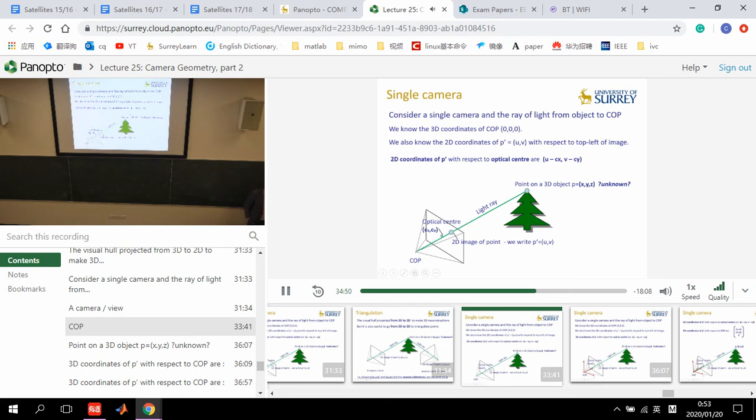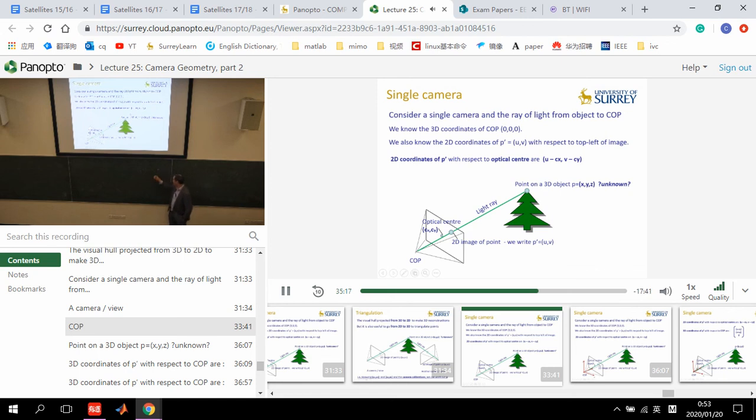We already know how it's convenient to model an equation for a line. We talked about it a lot when we talked about curves. This parametric form of a line, where we have p of s equals a starting position plus s times some vector.